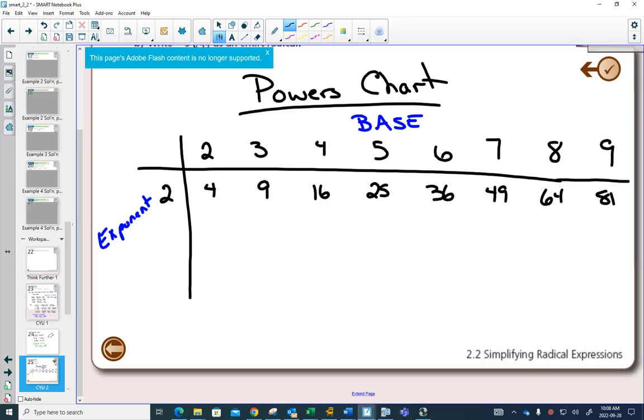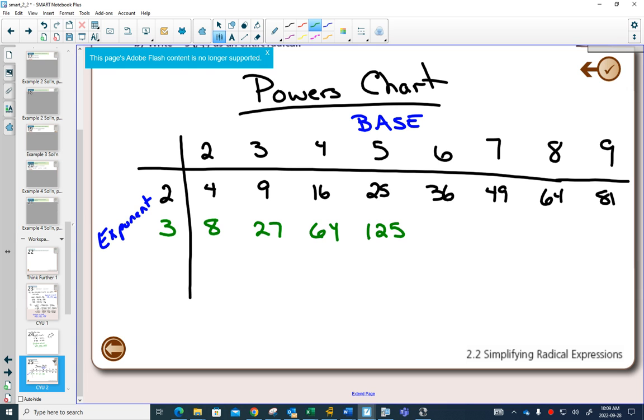If we are dealing with cube roots, I'm going to color code them. Cube roots I'm going to do in green. 2 cubed is 8. 3 cubed is 27. 4 times 4 times 4 is 64. 5 times 5 times 5 is 125.